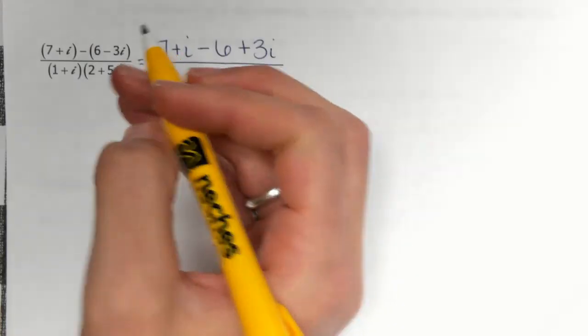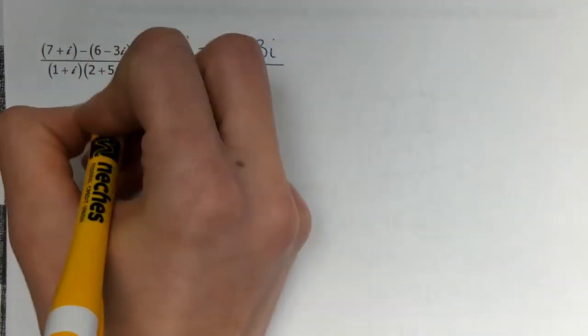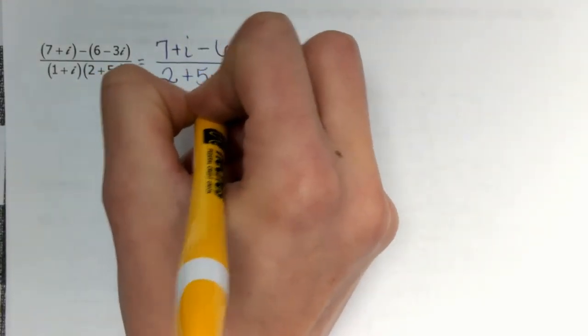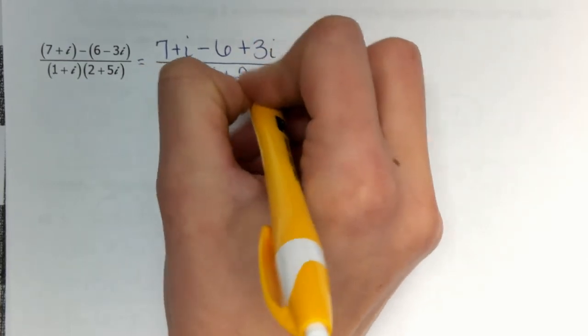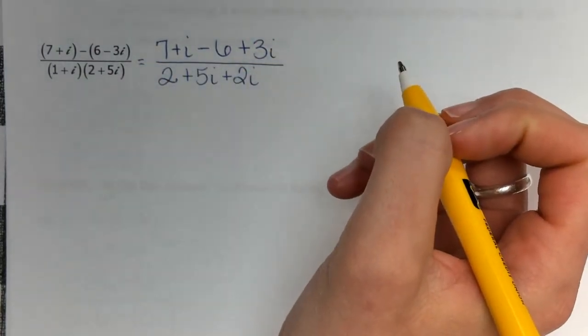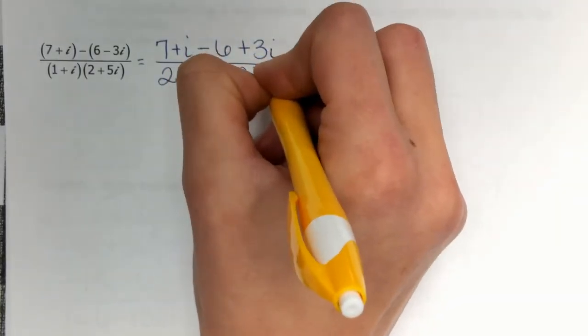And then I'm going to FOIL the denominator. So I've got 1 times 2, which is 2. 1 times 5i, which is 5i. Then i times 2, which is just 2i. And then i times 5i, which is 5i squared.